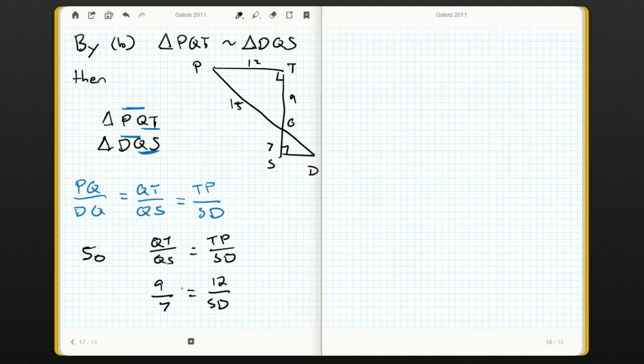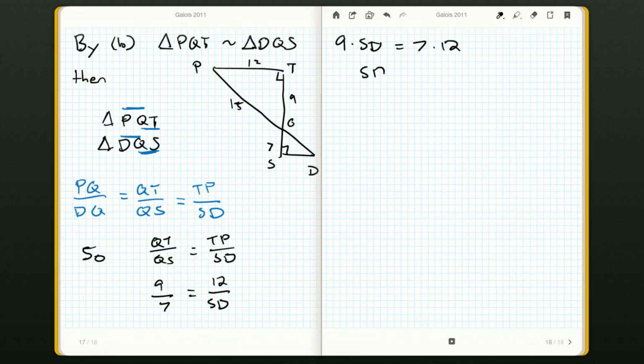Well, we can sort of cross multiply. So 9 times SD is going to be equal to 7 times 12. If I want SD all by himself, and I do, I can divide both sides by 9. So now 7 times 12, I believe that's 84.